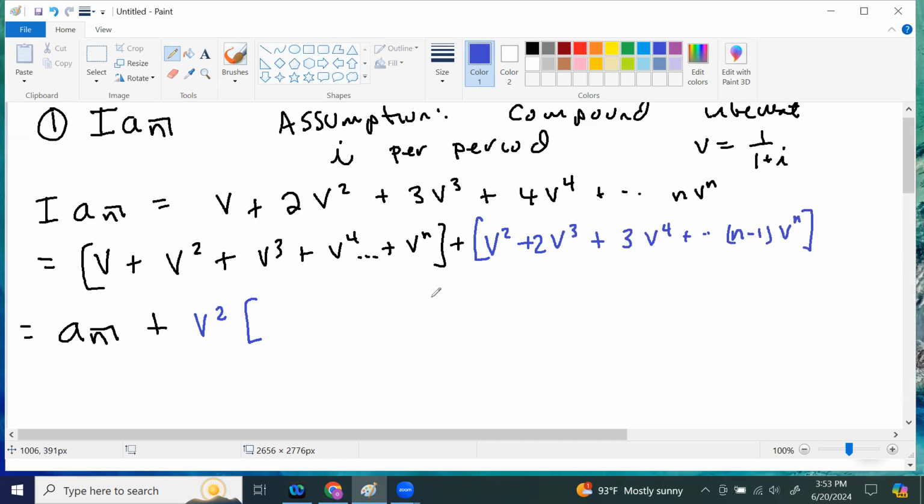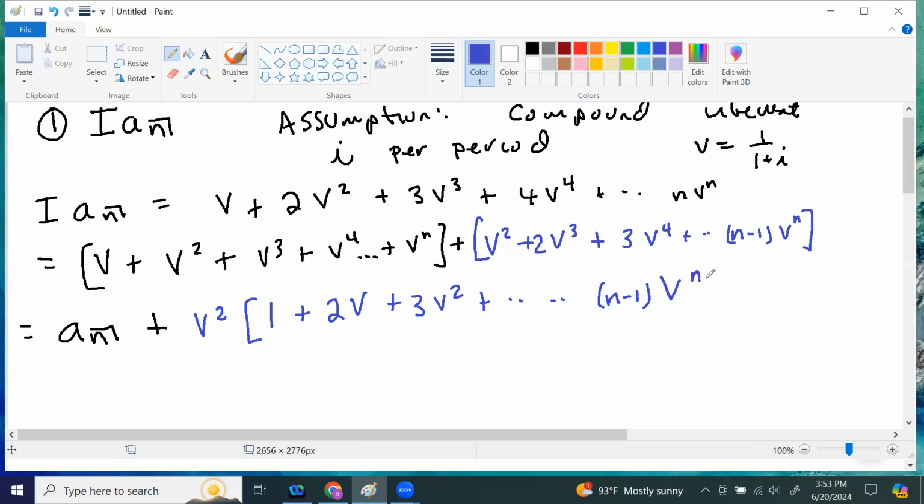What I'm left with is 1 plus 2v plus 3v squared. And the very last one, we have n minus 1, I factored this. And notice this is 1 unit greater than this.